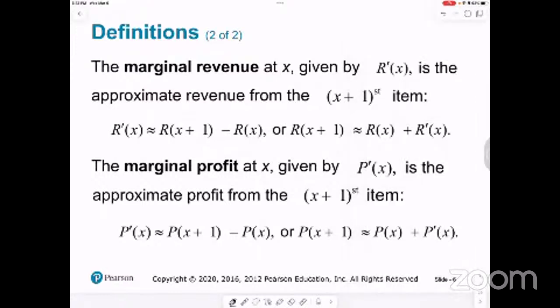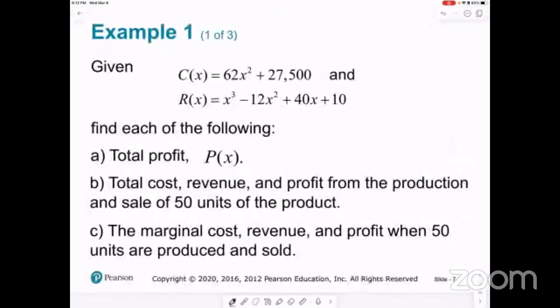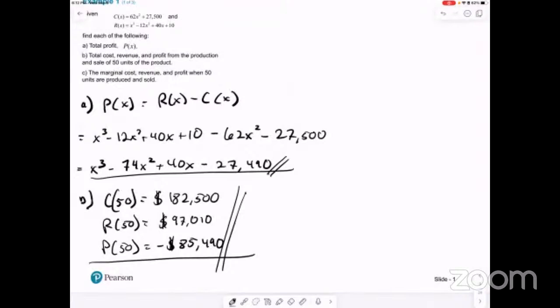Because it was saying that the marginal whatever is like the derivative, right? But then this other one is an approximation. If we say p of x plus 1 minus p of x, so I'm not sure which they want. I think let's just do the derivative, because there's two different ways we can express it. But again, the other one is an approximation. So first I'm going to shrink this down just a little bit.